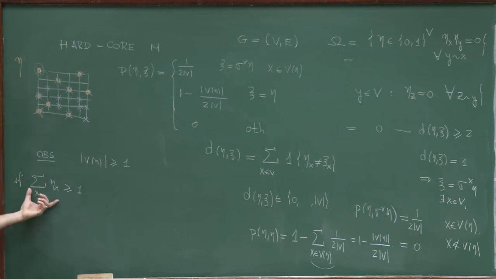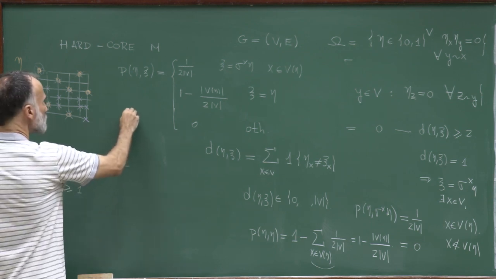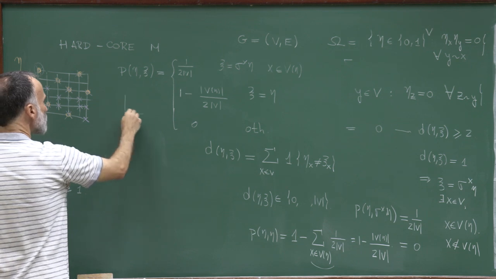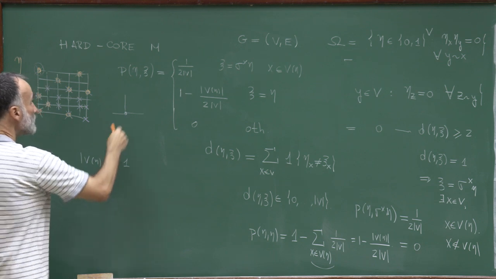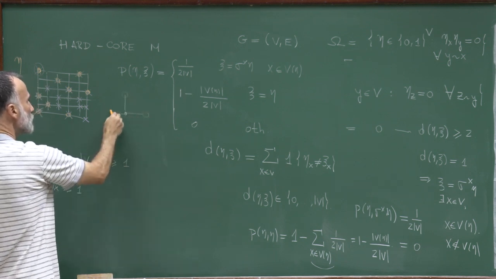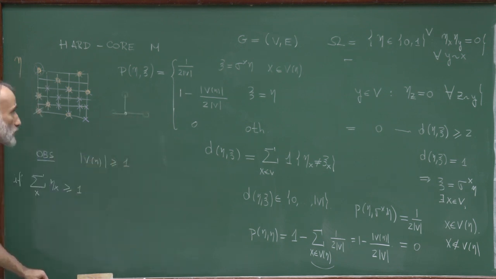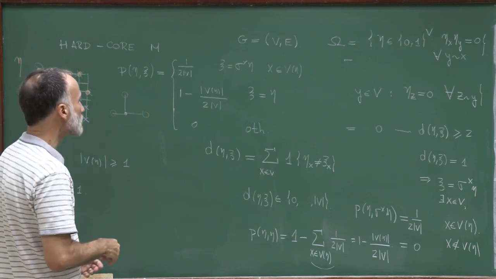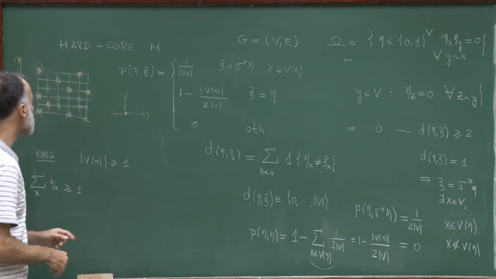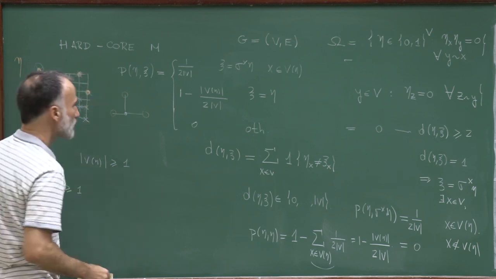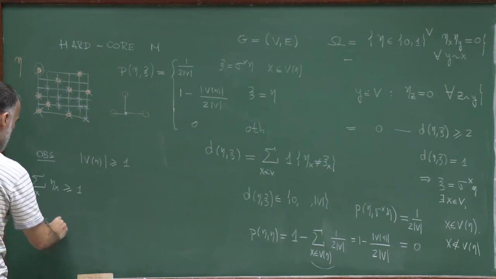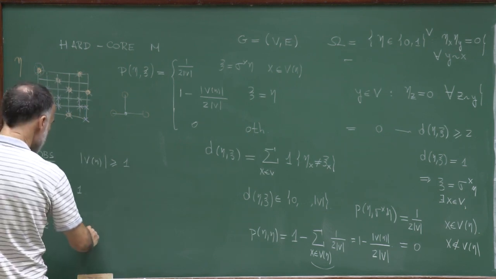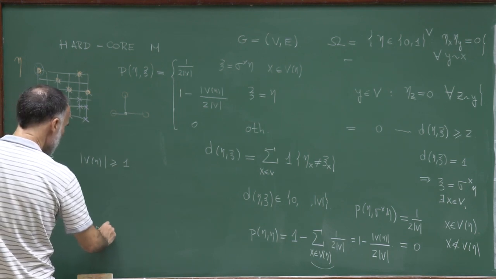If there is a particle at some point, this particle is connected to other points, and this means that at these points the jumps will be forbidden. Of course, something I didn't say, but I will always assume, is that the graph is connected, so that it's always possible to move.